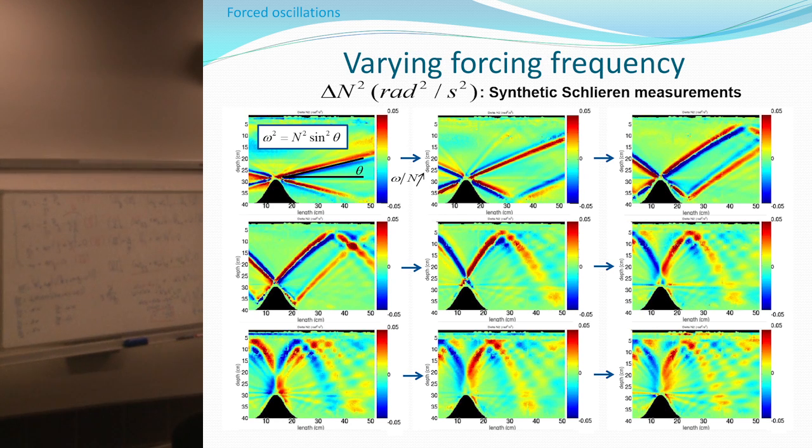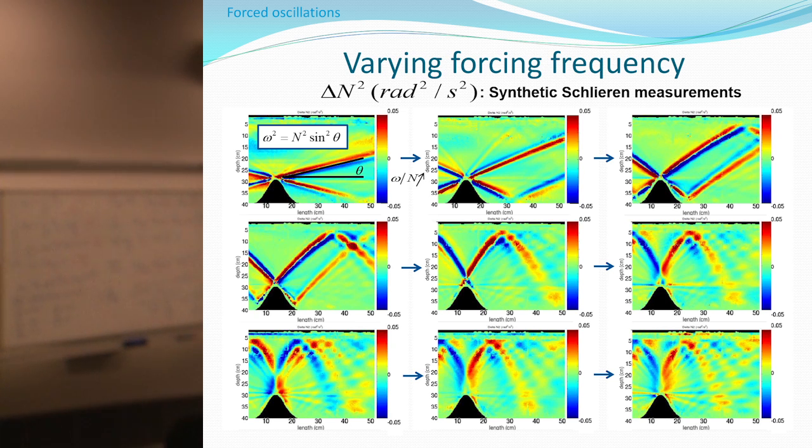So this is a series of experiments where we varied the forcing frequency from really slow forcing to really fast forcing here. And we can see that we always follow this dispersion relation.